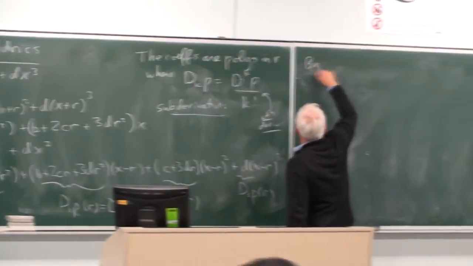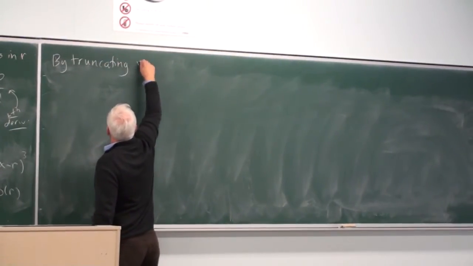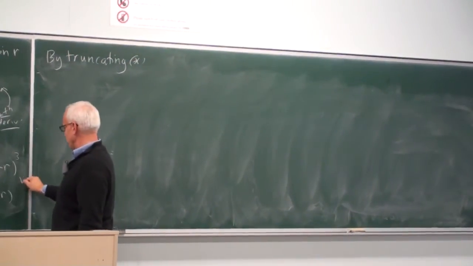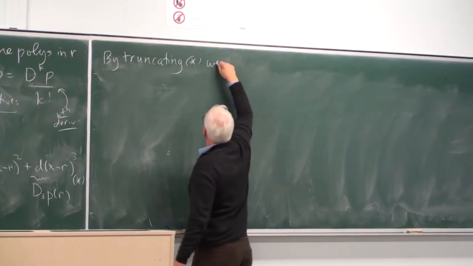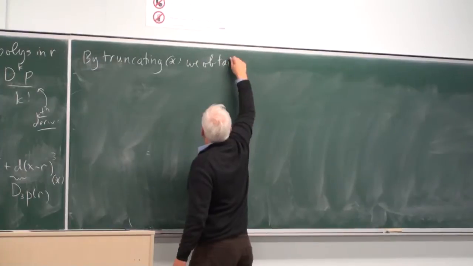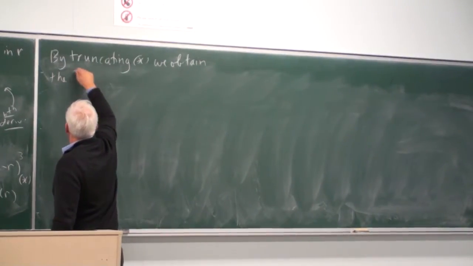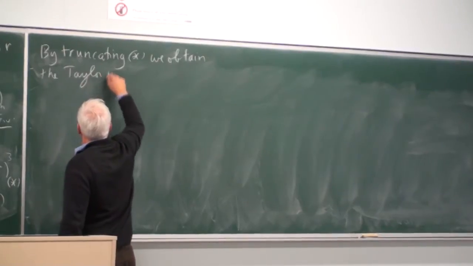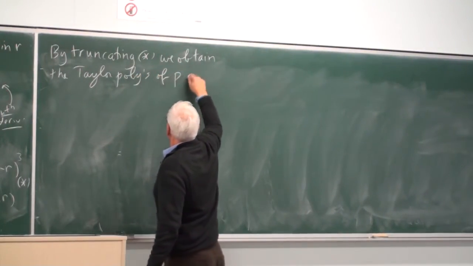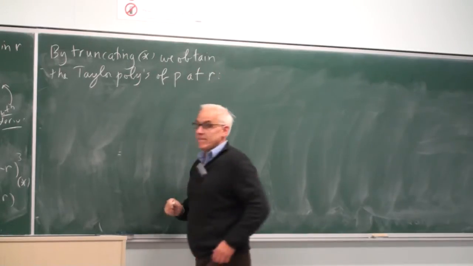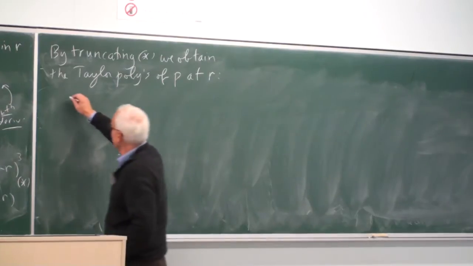So by truncating this expression, let's call it star, by truncating star, we obtain the Taylor polynomials of P at R. And let's write down what they are. So we'll use T for Taylor.